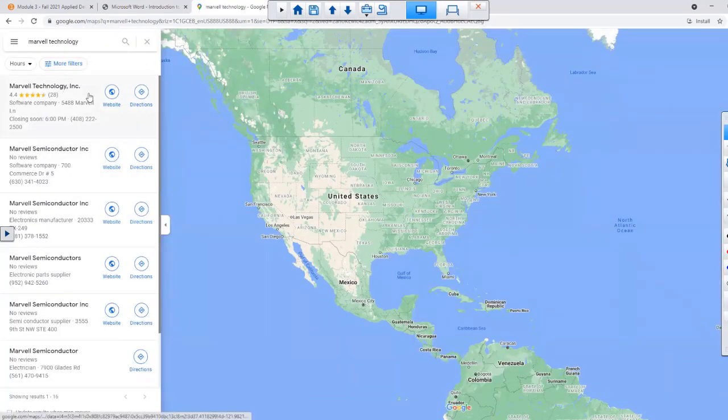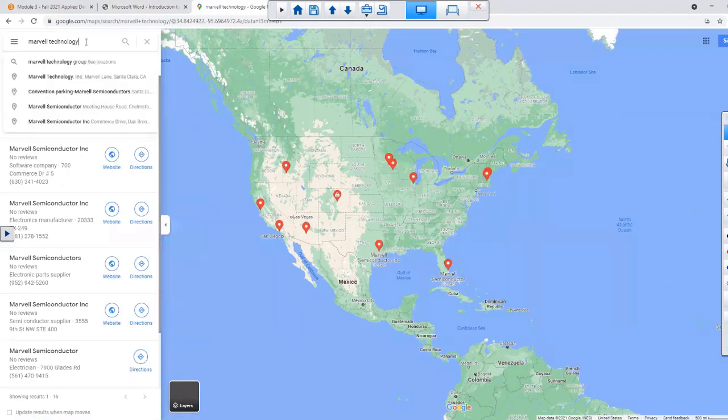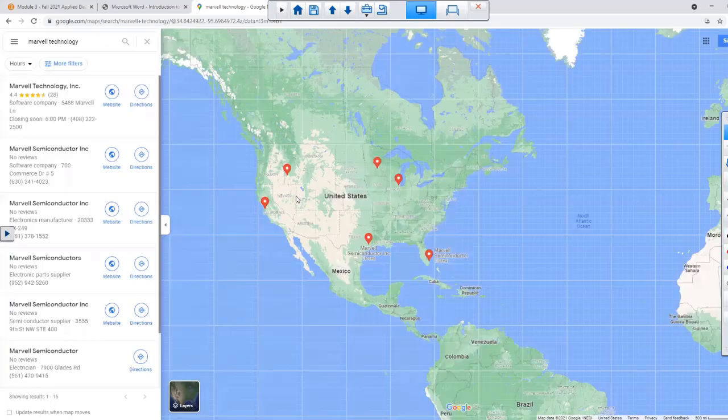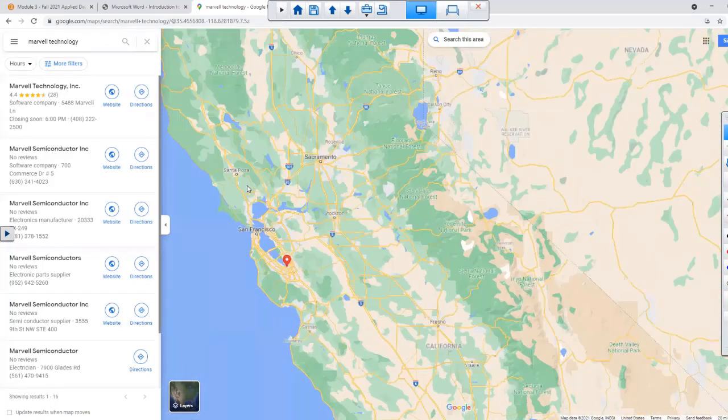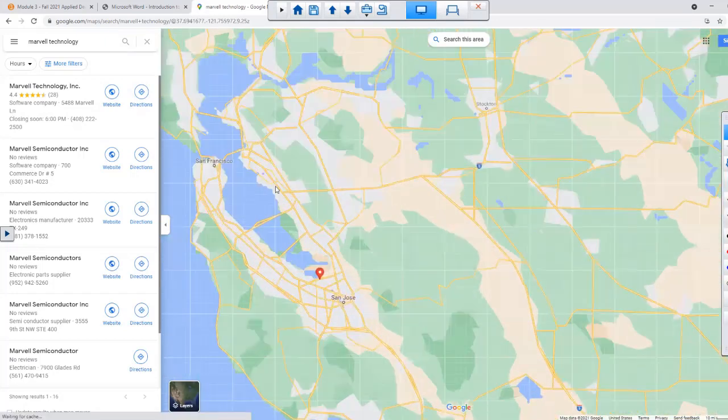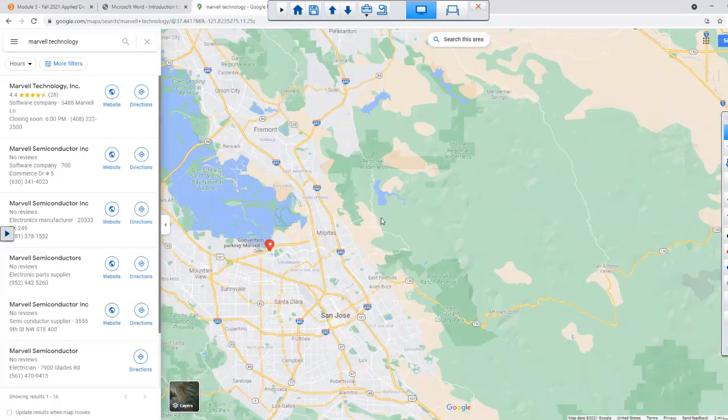Marvel Technology. San Jose, yes, San Jose. I want to show you this map because I was so surprised how many famous, well-known companies are located in such a small area.